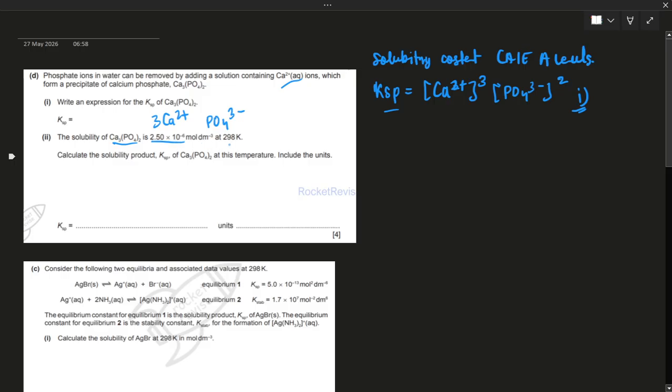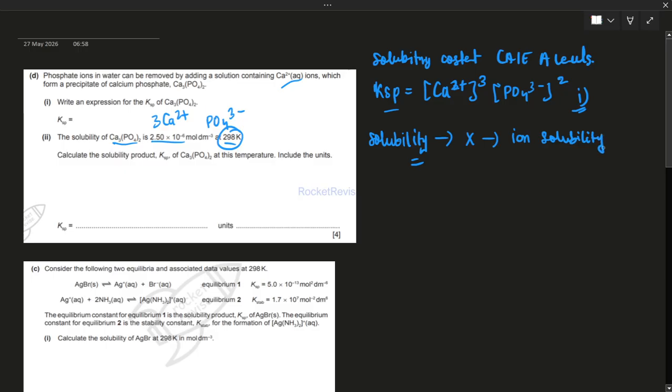The next question: the solubility of the precipitate is 2.5 something, they gave you a value here, at this temperature. Calculate the solubility product Ksp of calcium phosphate at this temperature, include the units. Whenever they give you the solubility, you're supposed to use this as the X value, the ion solubility value.